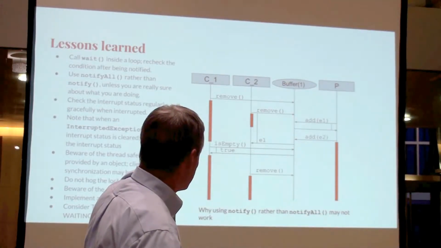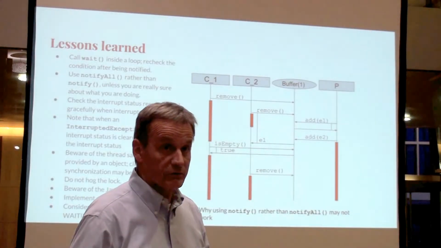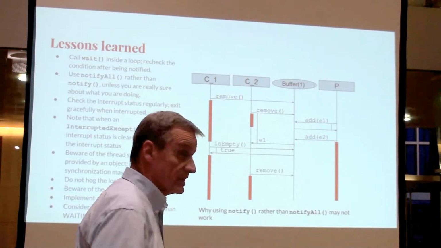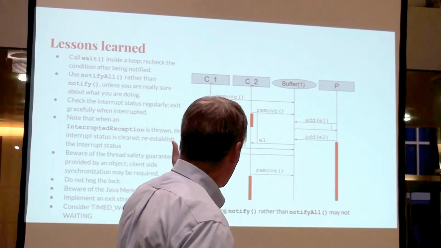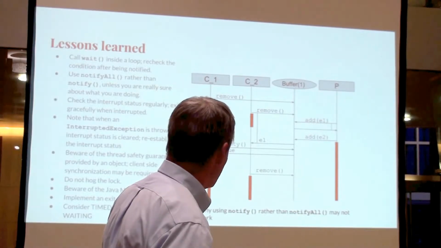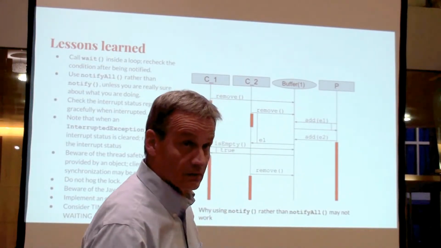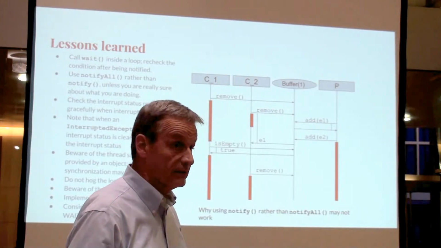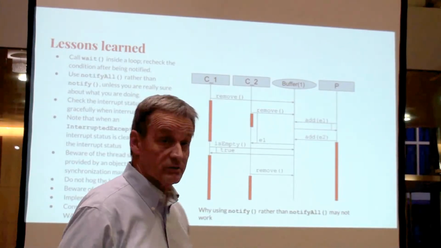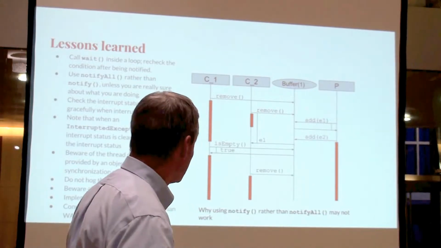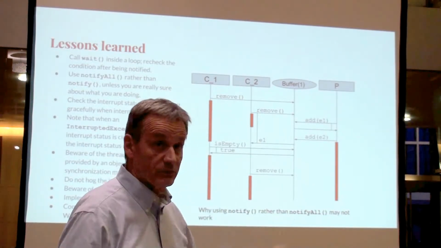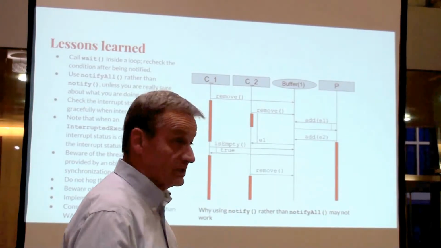So assume the thread C1 first calls remove on the buffer. The buffer is empty, so C1 enters the waiting state, and that's shown by a red color there. Then C2 tries to remove something, same thing happens. Then P, which is a producer, adds an element E1.